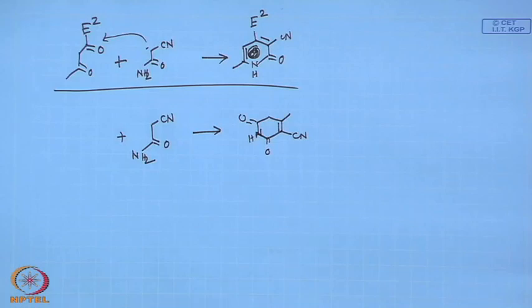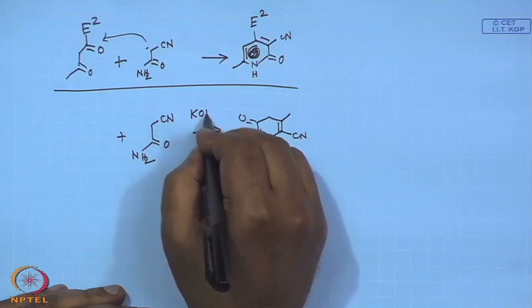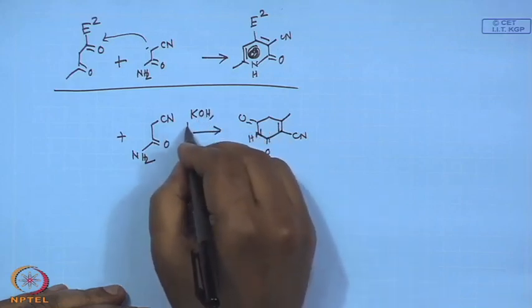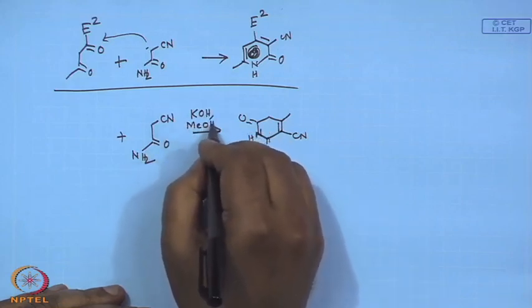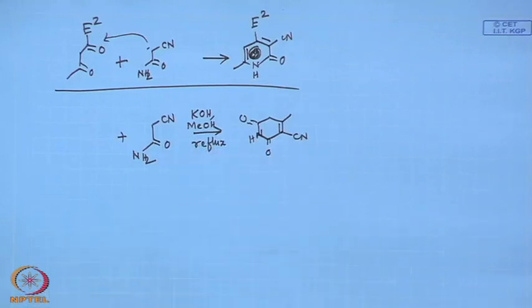The reaction condition that is used, it is KOH by the way, KOH in methanol and reflux. So, what could be the other starting material? A 1,3-diketo compound, that is perfect, all right.